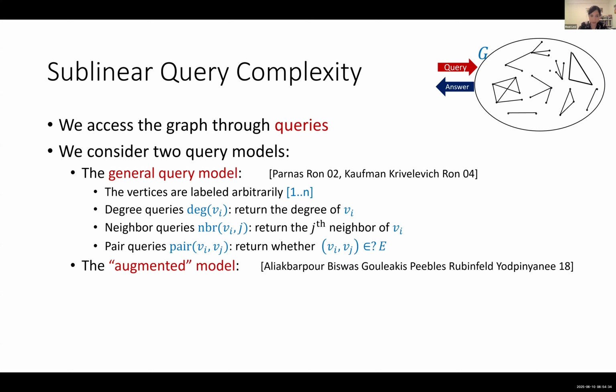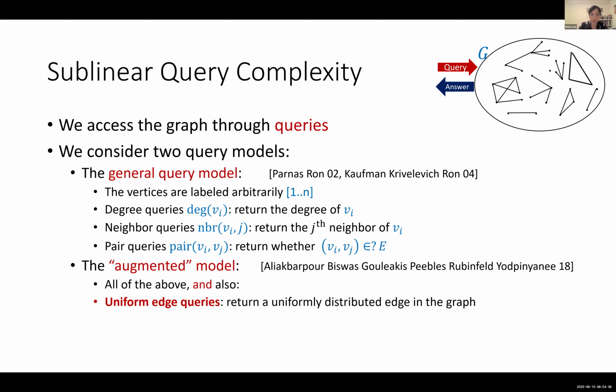In the more recent augmented model, we are also allowed to make uniform edge queries, in which we get a uniformly distributed edge in the graph. This model was shown to be strictly more powerful than the general query model, which I will refer to as the standard model from this point.